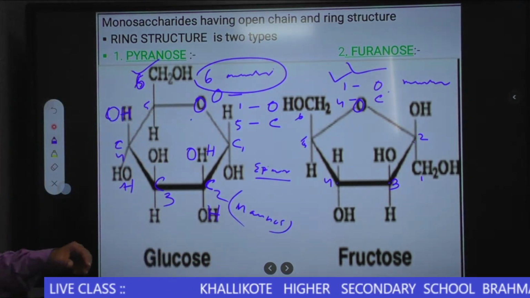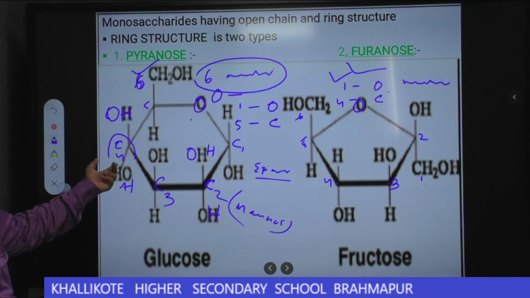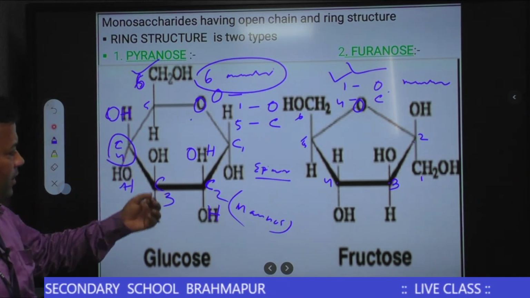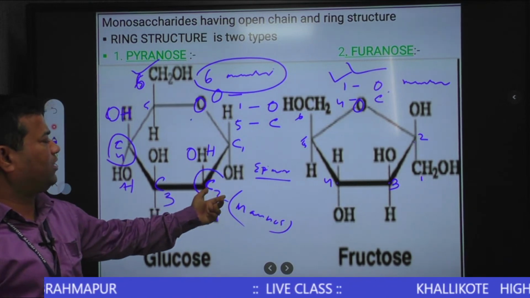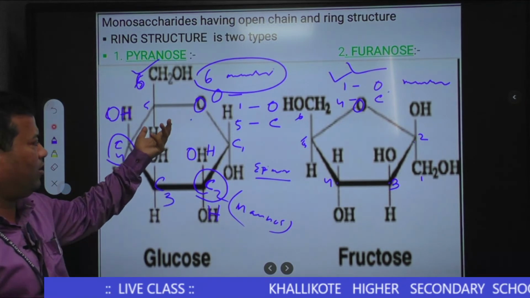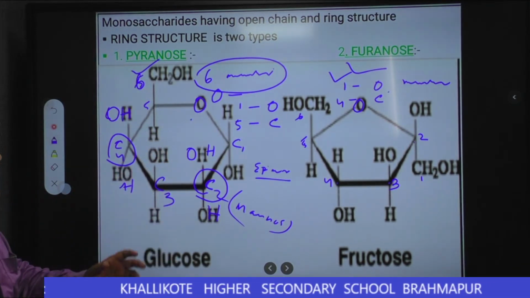Glucose is an epimer of galactose at its fourth carbon position, and of mannose at its second carbon position.